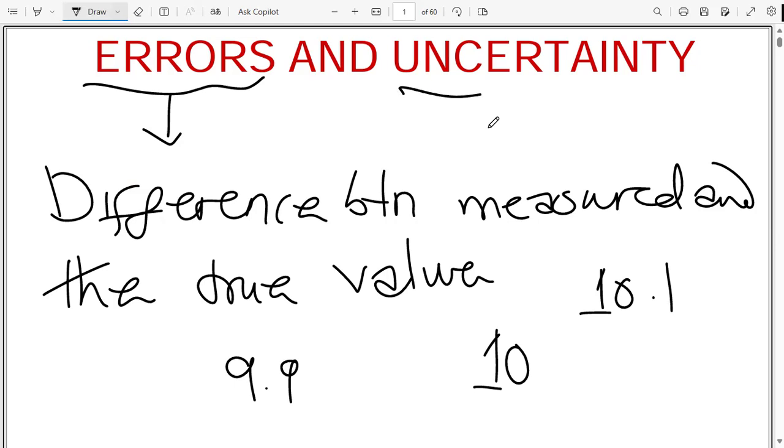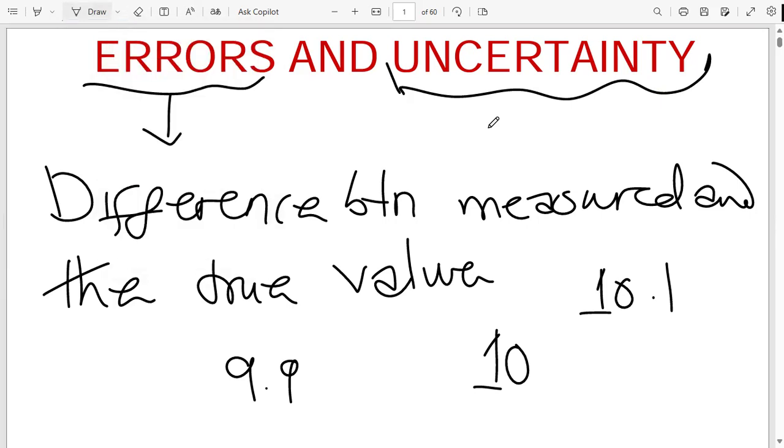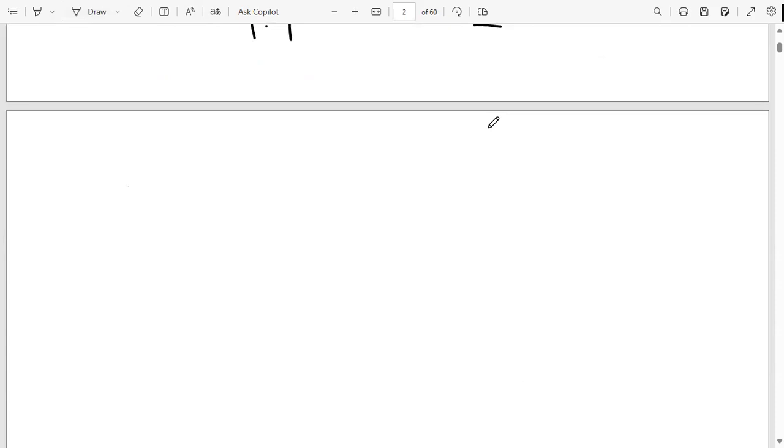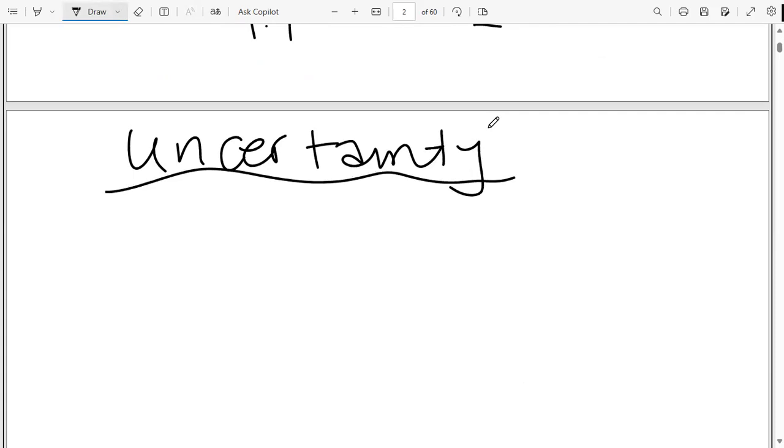And the other thing is uncertainty. This is basically English. When you say you are uncertain about something, what does that mean?